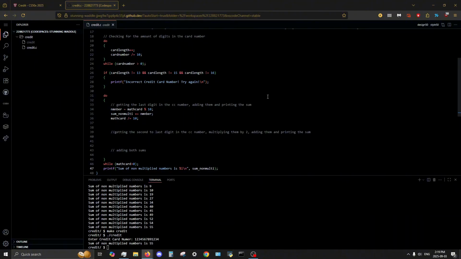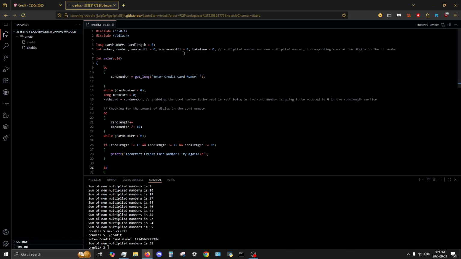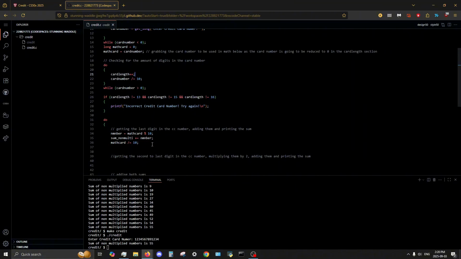Alright, so I was messing around with this while I was in a meeting, so we have to initialize the actual number of the sums. Card length is set to 0. Then we have to grab the card number in a different variable because the card number gets reduced to 0 here. So whenever we were using it here, it was just 0, adding zeros.